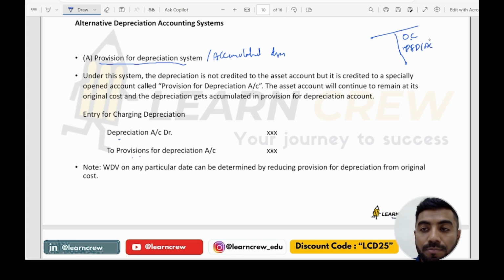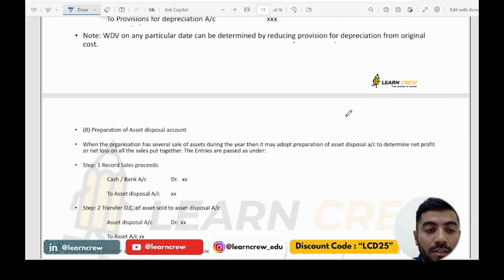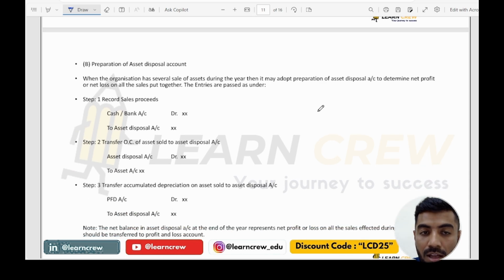Note that the WDV on any particular date can be determined by reducing the provision for depreciation from the original cost.